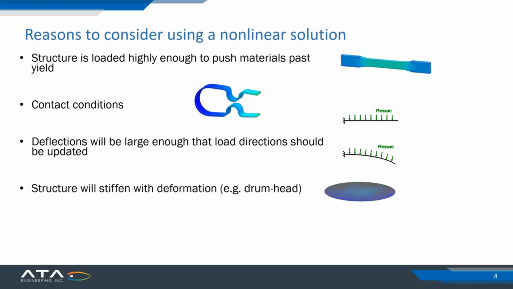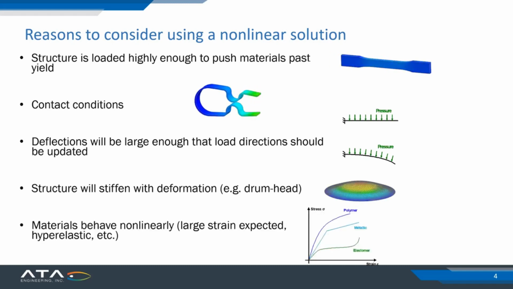Additionally, with respect to deflection, if your structure is deforming significantly enough that the stiffness of the structure is going to change, and a drum head is a classic example of that, that is definitely a situation where you're going to need to consider nonlinear behavior. And then there are also other advanced material behaviors that are nonlinear in nature, be it hyperelasticity or any of those kinds of things, where you would need to consider a nonlinear solution.